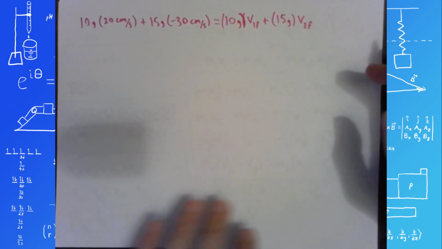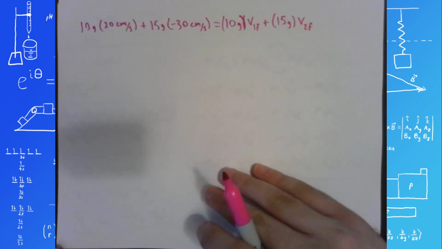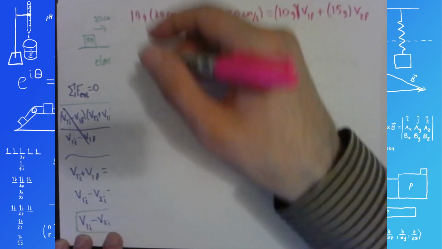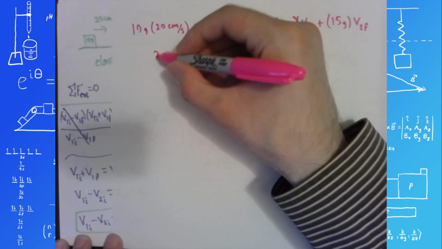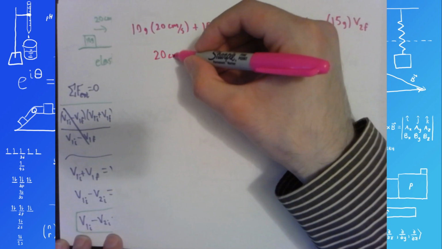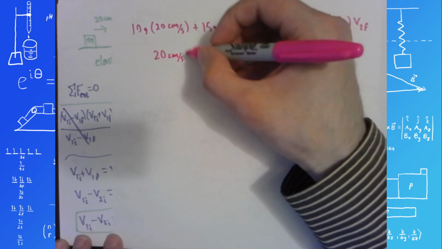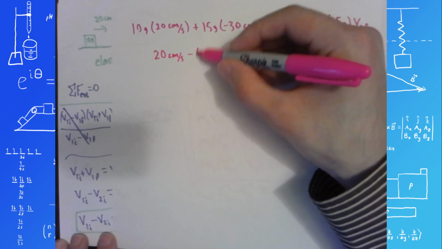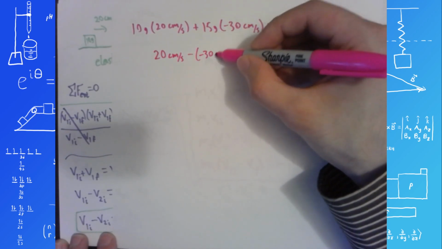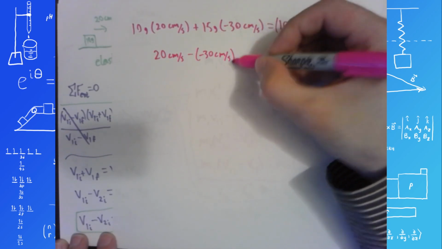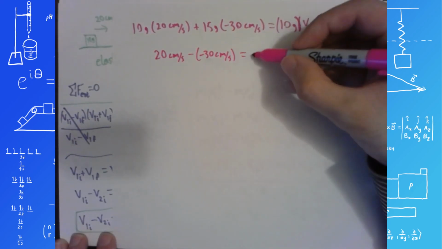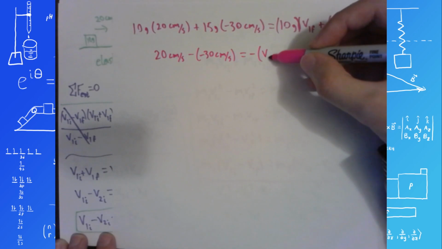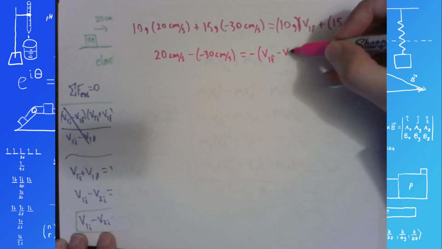And then we have our relative velocity equation, V1 initial minus V2 initial. So that's 20 centimeters per second minus negative 30 centimeters per second equals negative V1 final minus V2 final.